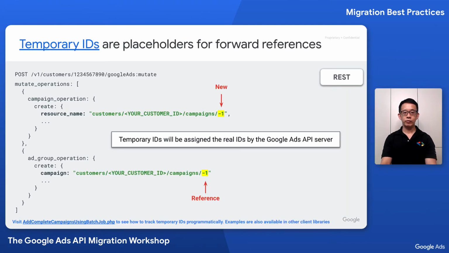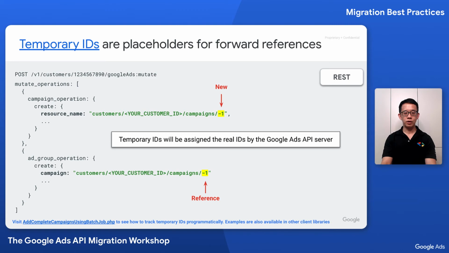To have a quick review of the temporary IDs, again, they are placeholders for forward references, and they are a unique negative number across resource types. As shown on the slide here, we are trying to create a campaign. Usually when we create a new campaign using a single resource service, we would not want to specify any resource name because that will be created by the Google Ads API.